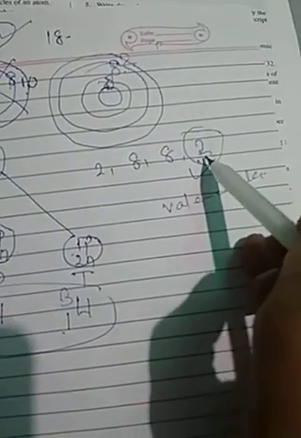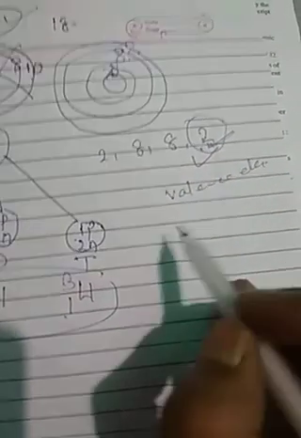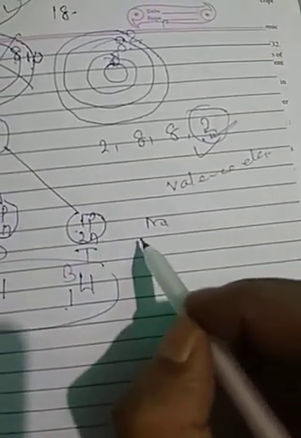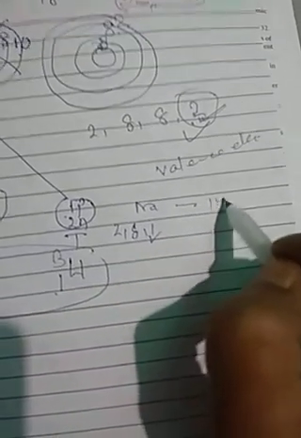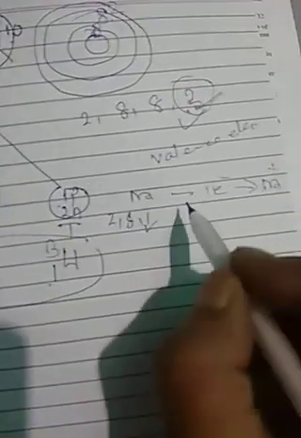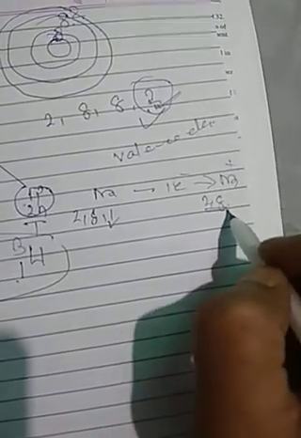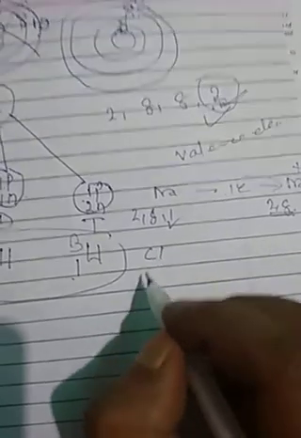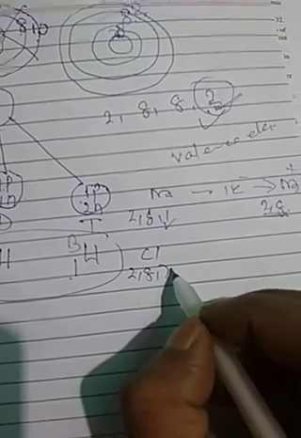These electrons may be transferred. Like sodium, it has 2, 8, 1. This outermost electron will be lost, will form a positive ion, and it will form 2, 8, a stable configuration.